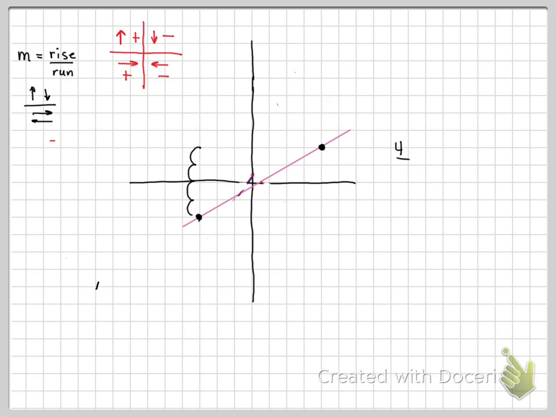We went up 4, and then to the right 1, 2, 3, 4, 5, 6, 7. So the slope of the pink line is positive 4/7. So positive slopes go up and negative slopes go down.